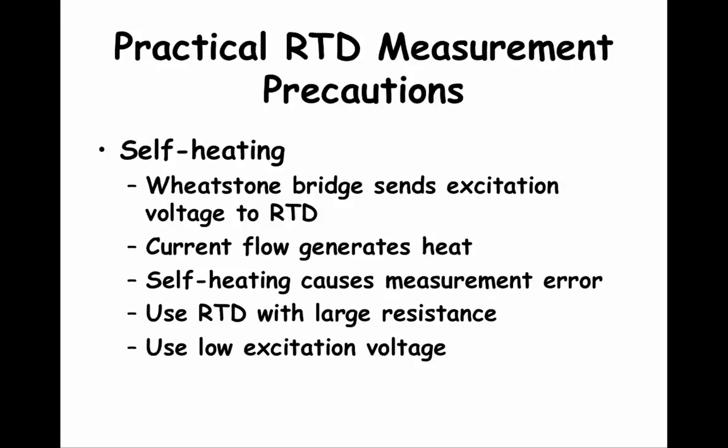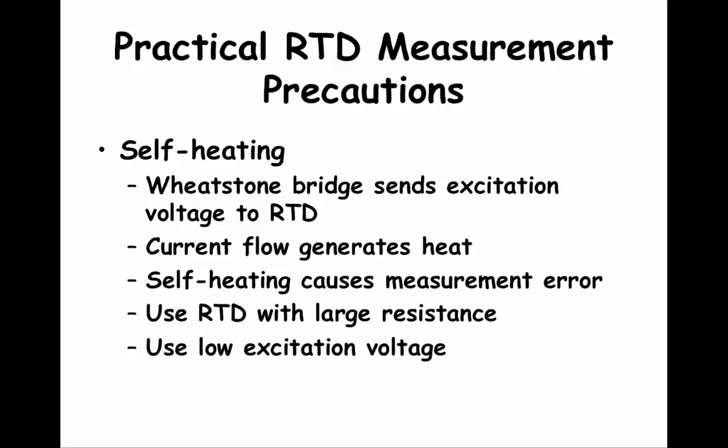RTDs are very good temperature sensors, but they have measurement issues too. One of the issues with an RTD measurement is called self-heating. Self-heating is associated with using a Wheatstone bridge circuit. The Wheatstone bridge supplies the RTD with an excitation voltage, and when the voltage is applied, there is current flow through the RTD.